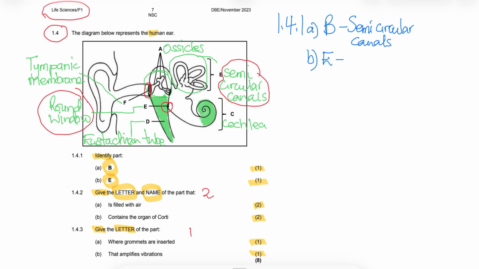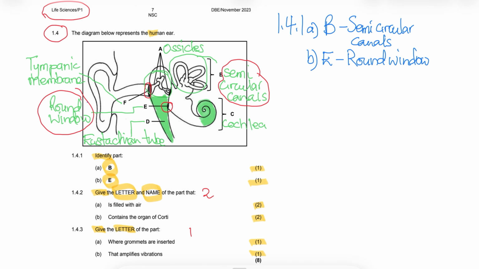So we just say E is round window. As simple as that. As you can see, I'm not repeating the question. I'm simply writing the answer. And that's what you need to do so that you are not caught in the trap of not finishing the exam. Because when you copy the question, you are simply wasting time.